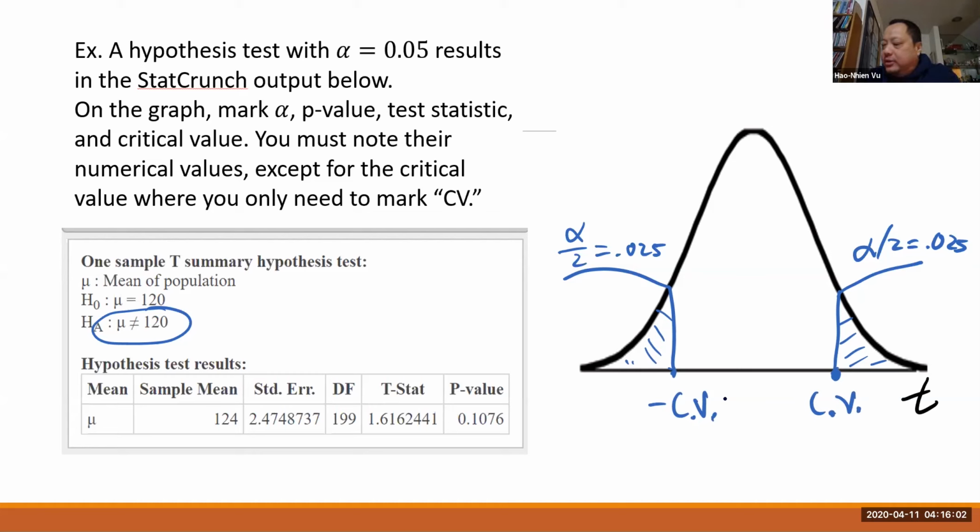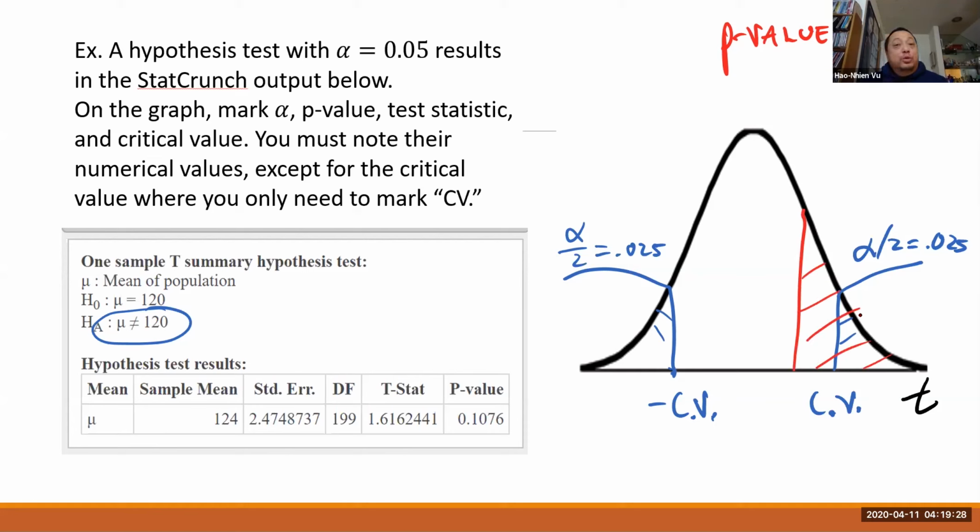And now the test statistic. The data tells me that p-value is 0.1076. 0.1076 is bigger than alpha. So if it's larger than alpha, I don't draw it down here. Nope. It's bigger than alpha, so I draw it bigger.